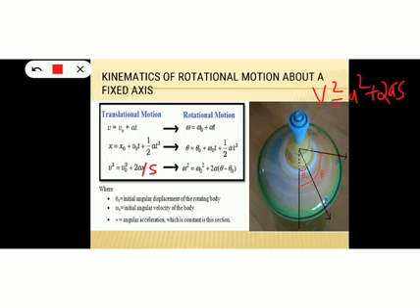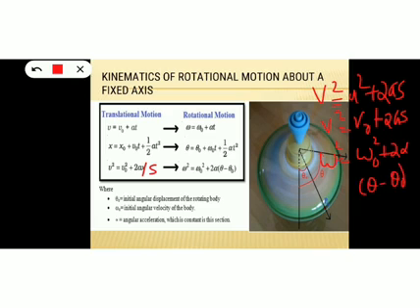So here instead of u they have written v0, and we know s is nothing but the change in position, that is s = x minus x0. In the rotational case it becomes omega² = omega0² + 2 alpha (theta minus theta0), where theta minus theta0 is the angular displacement.